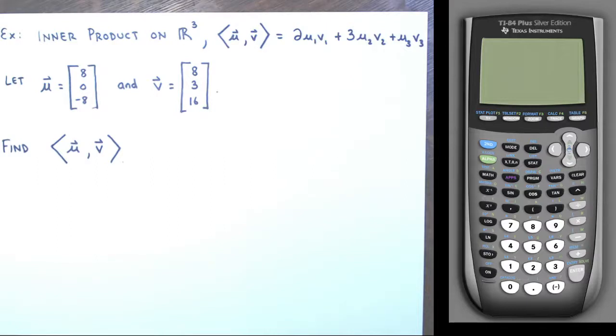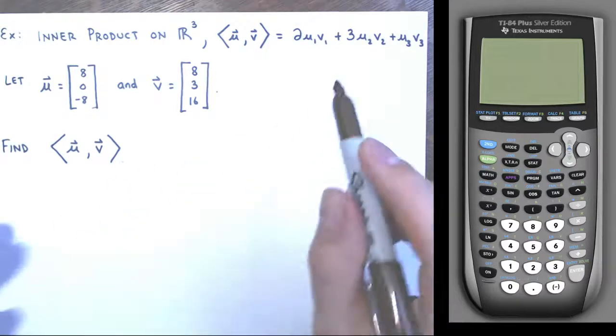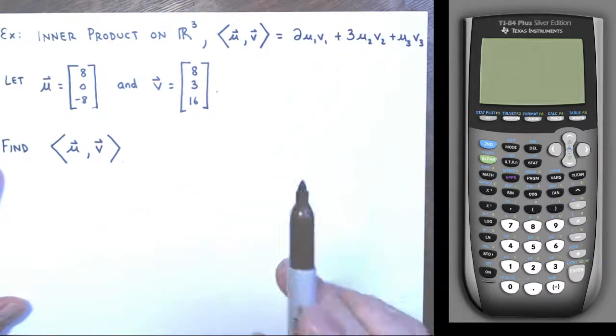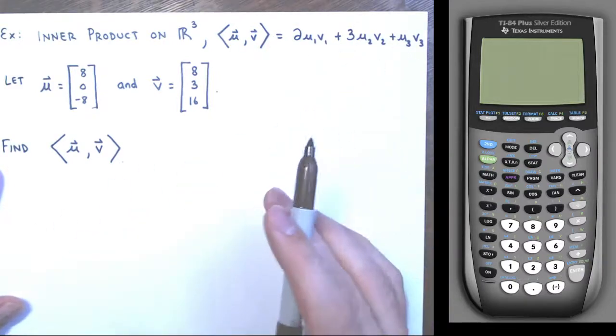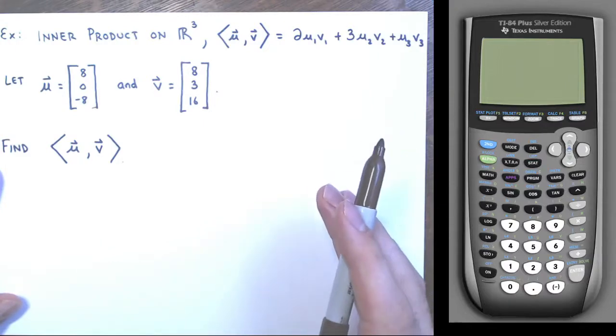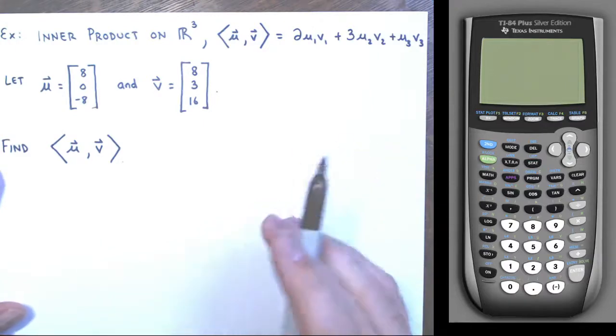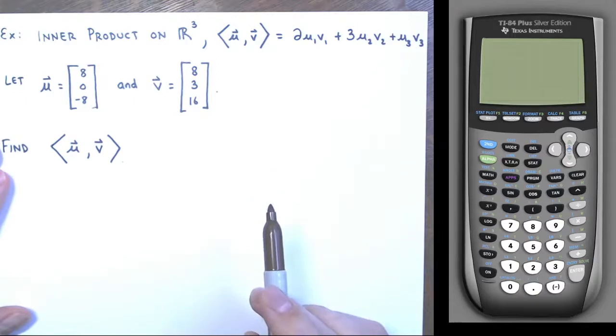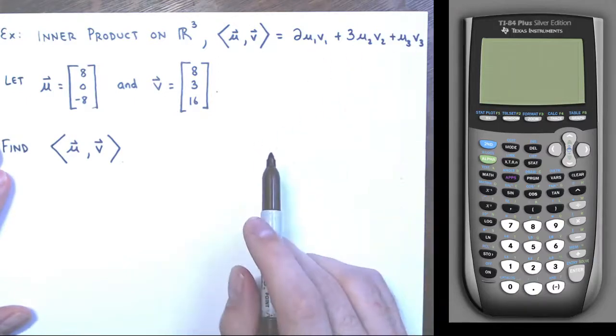Again, this was mentioned in the previous video. This is an example of an inner product on a Euclidean space, R3, R2, whatever. So just keep in mind that the dot product isn't the only inner product on a Euclidean space. There are infinitely many others, like this one on R3.